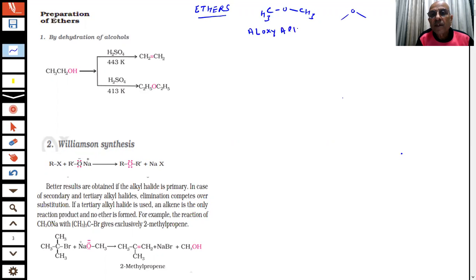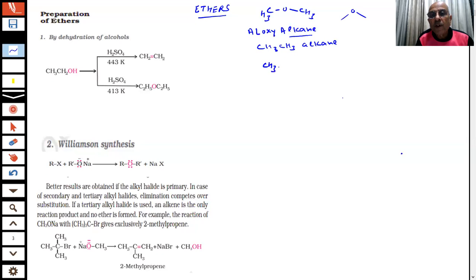alkoxy alkanes. Alkane is the parent from which ether is made. What I'm trying to say: supposing I have CH3CH3, this is an alkane, students. Now I will remove one hydrogen.